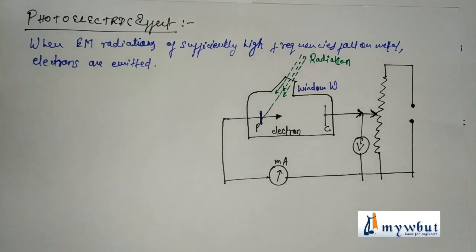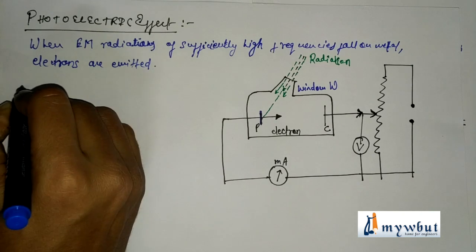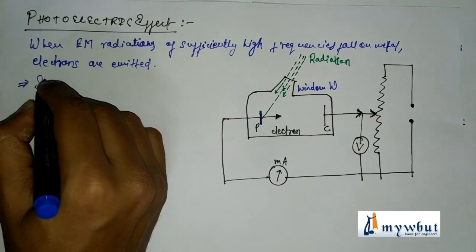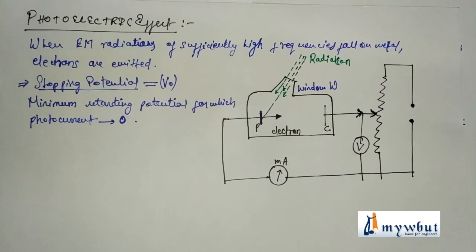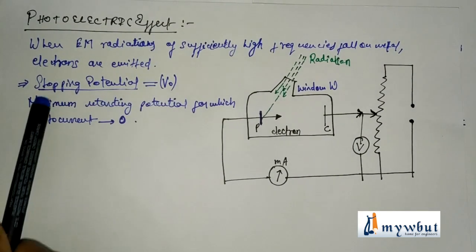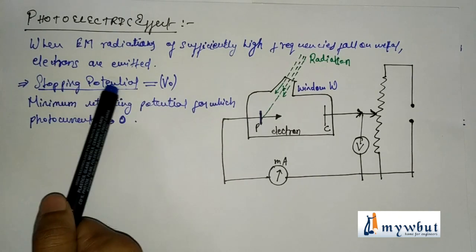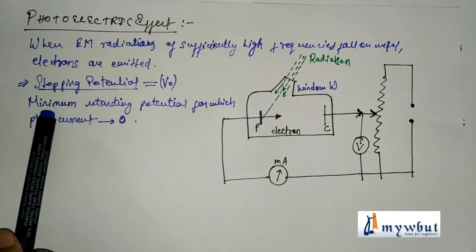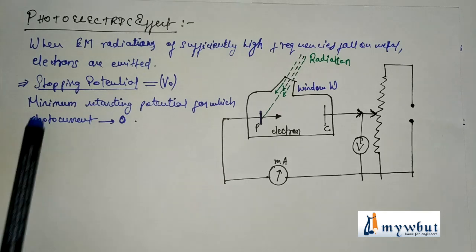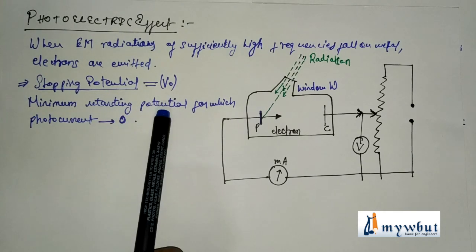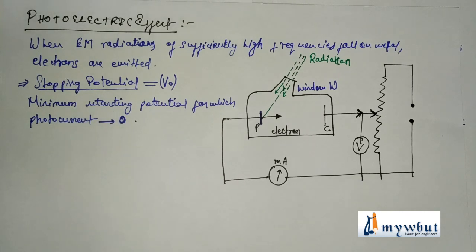So we need to know some definitions, that is stopping potential. Let me write that for you. So friends, here is the definition of stopping potential for you all. Stopping potential is denoted by V naught. It is the minimum retarding potential for which the photocurrent becomes zero, or photocurrent tends to zero.